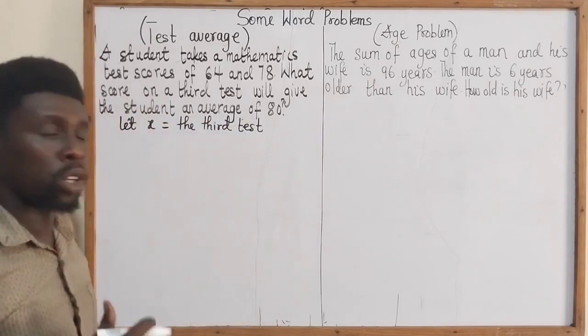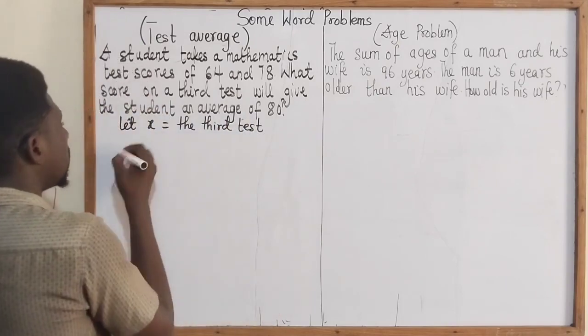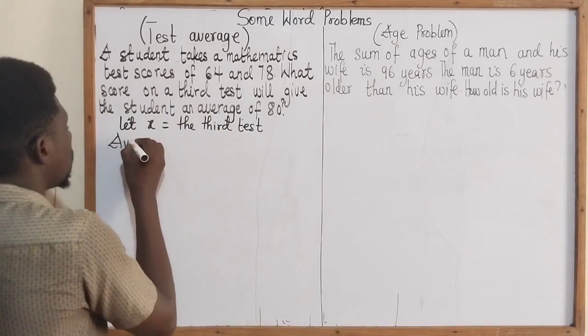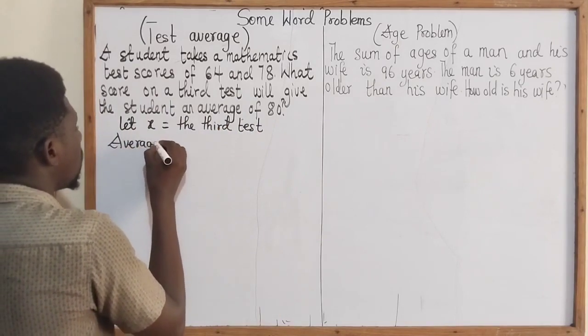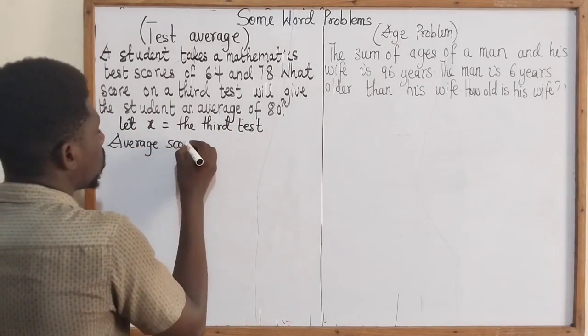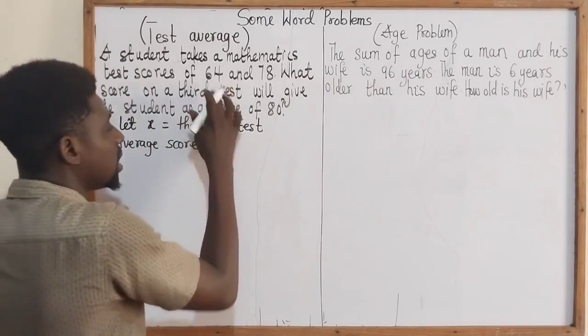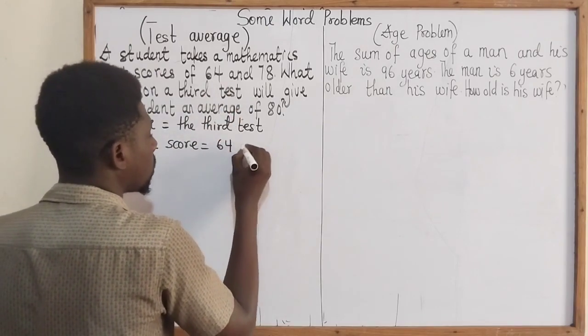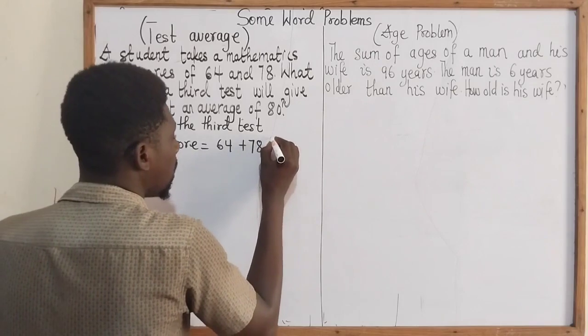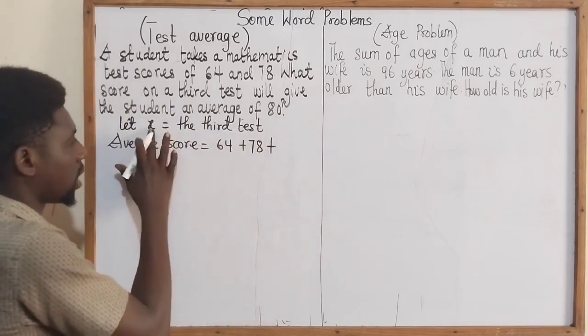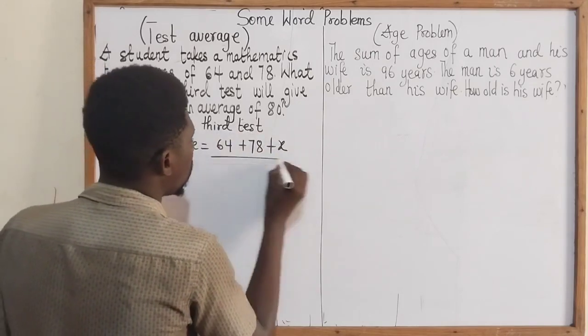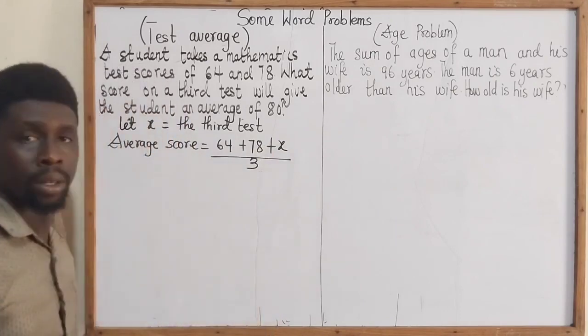All right. So if that is so, then the average score will be equal to 64 plus 78 plus the unknown, which is the x, all over 3.